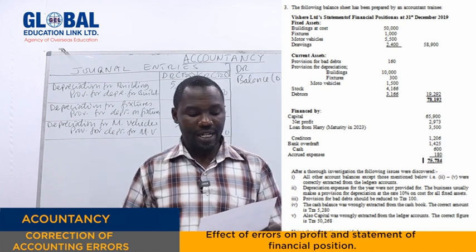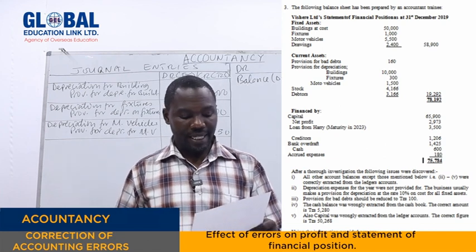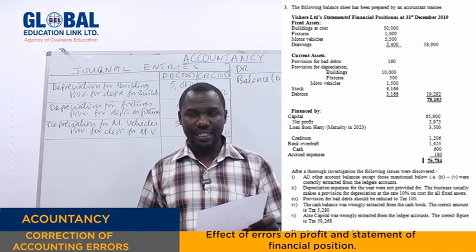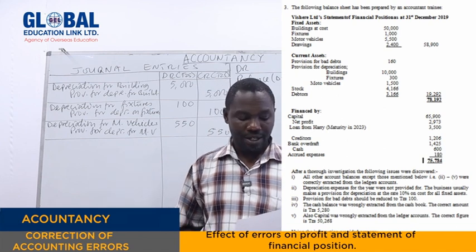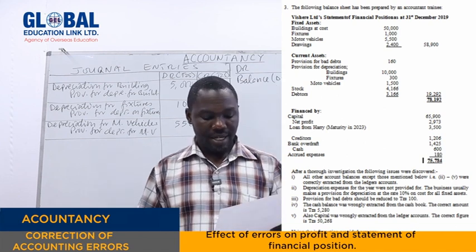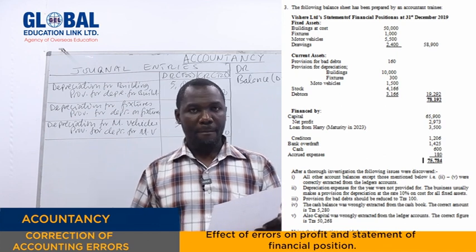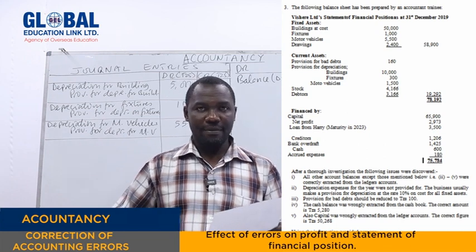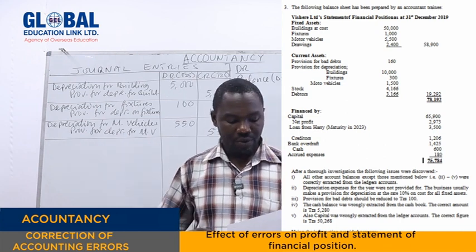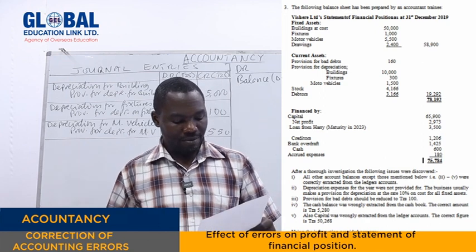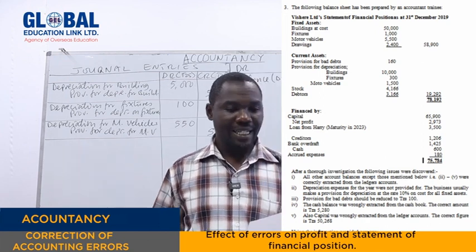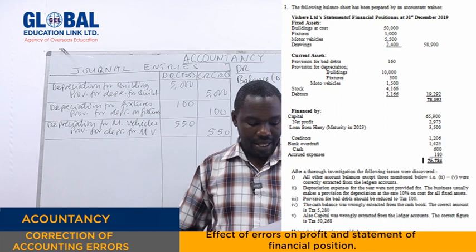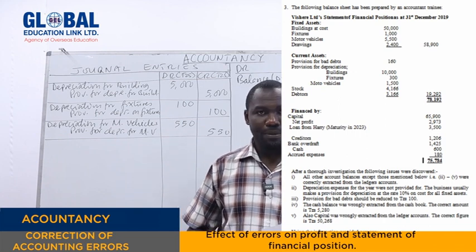So we are going to reduce by 60. Normally provision for bad debts has a credit balance. To reduce the provision, we debit the provision for bad debts, and then we credit P&L. So we are recovering. We provided for, we expected to have more debtors that could end up being bad, but we expected that there will be a recovery from that provision. So that's why we debit provision, we credit profit or loss account.